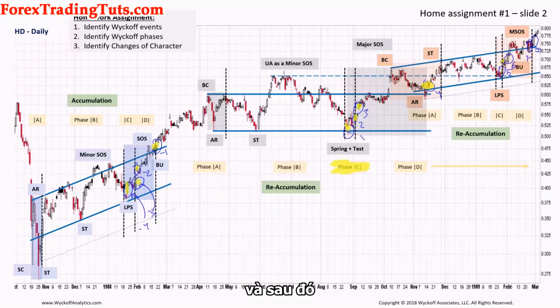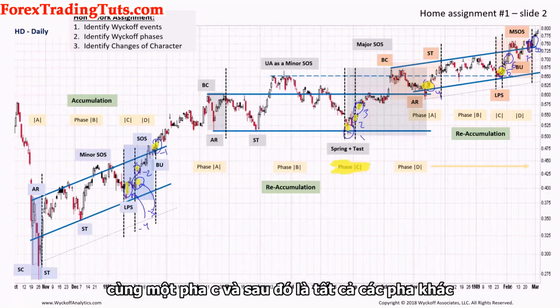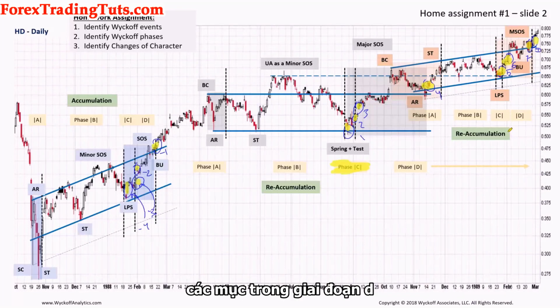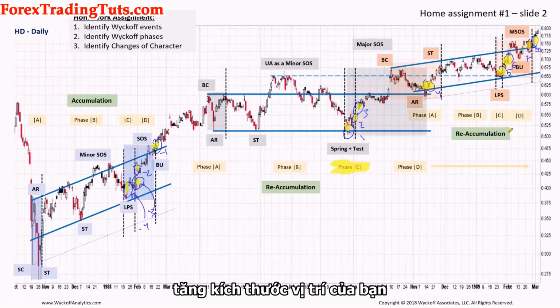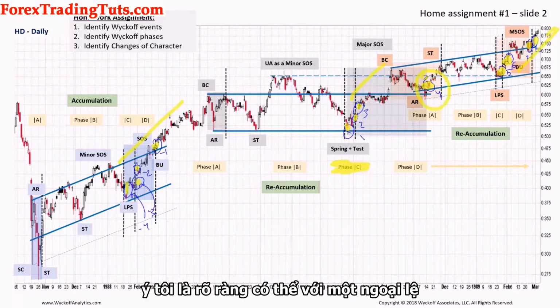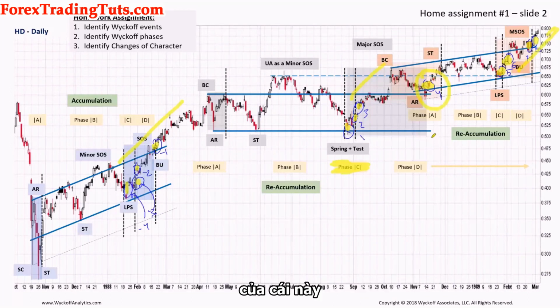And then in the next formation, we're doing the same, phase C, and then all of the other entries in phase D. So every time you scale in and increase your position size, you are doing this at the higher level, and you're doing this in such a way that defines the timing of when the price leaves the trading range. I mean, obviously, maybe with an exception of this point of entry.